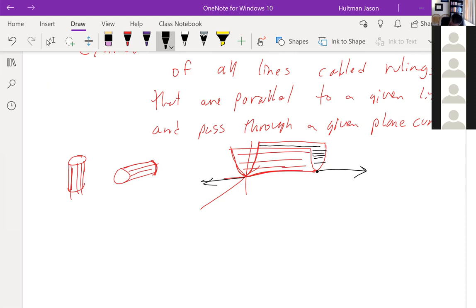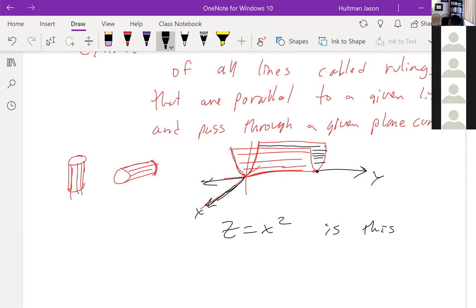Okay, so let's look at this cylinder here. Let's say that z is equal to x squared. Z equals x squared is this cylinder. Why is it this cylinder? Because we have x, y, and z, right?